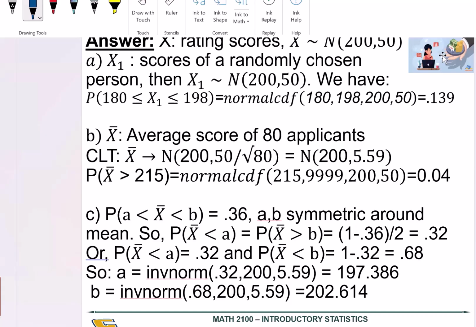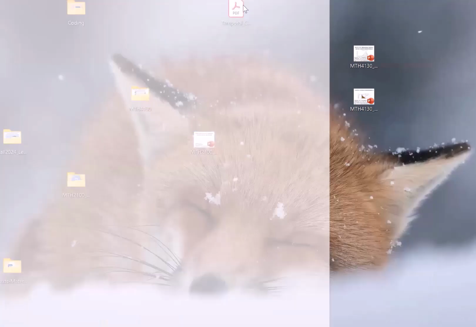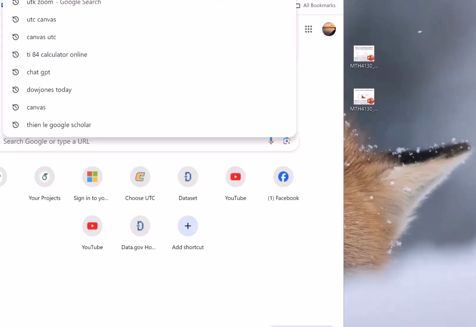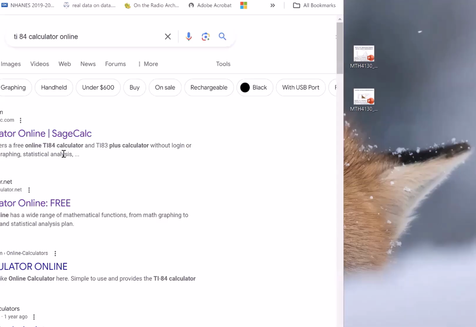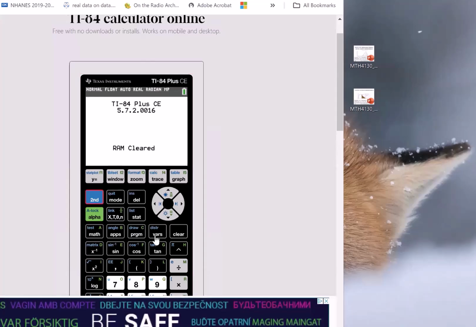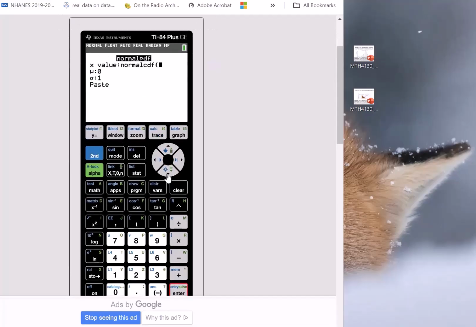You go to second, distribution, and choose normal CDF, which is the second option here, not normal PDF.